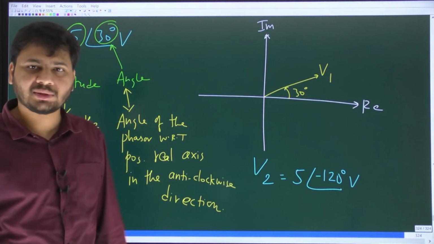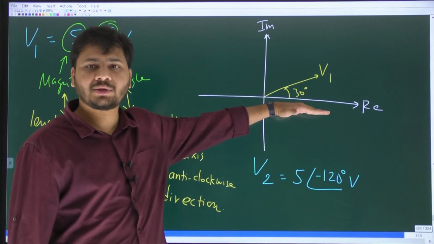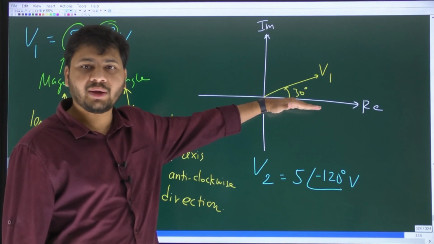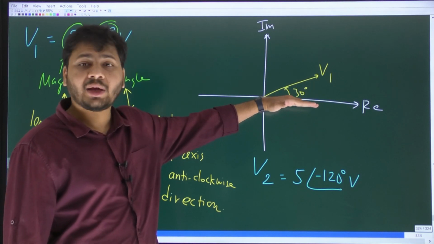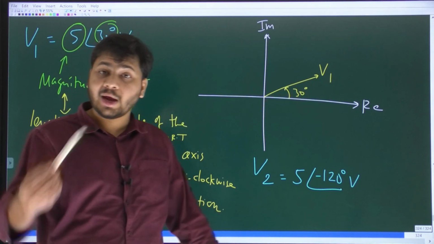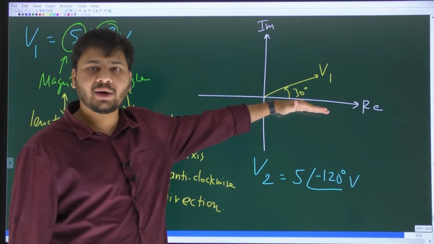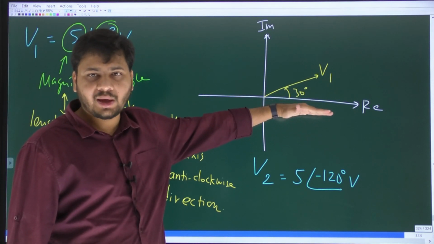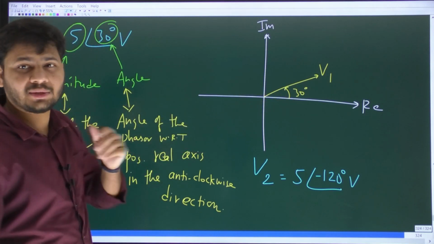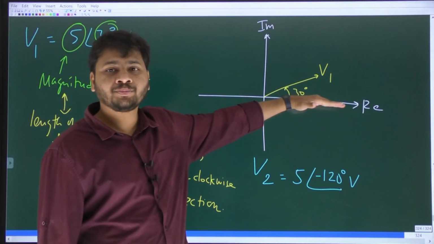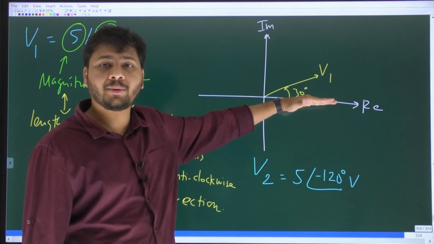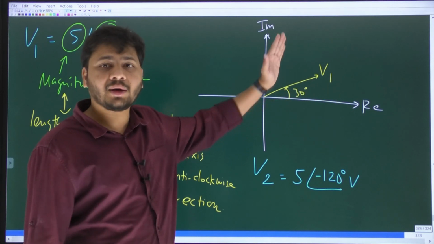If the angle is plus 30 degrees, like in the previous case, first you get aligned with the positive real axis, then from positive real axis, you should rotate by 30 degrees in the anti-clockwise direction.